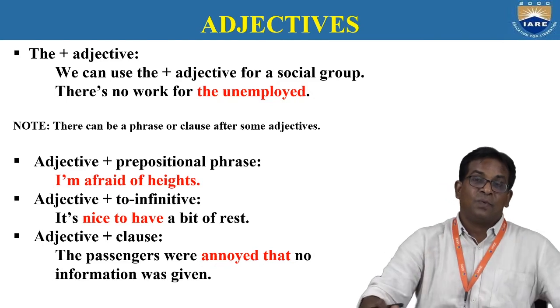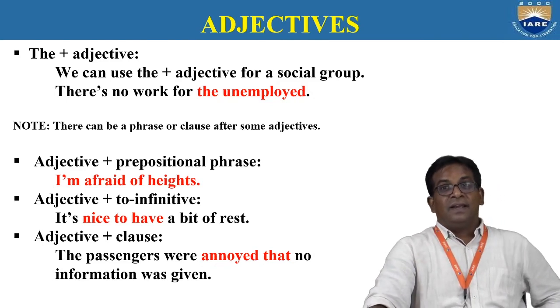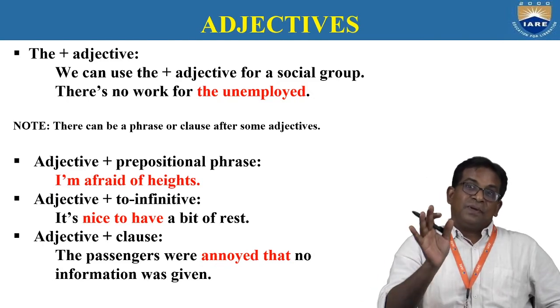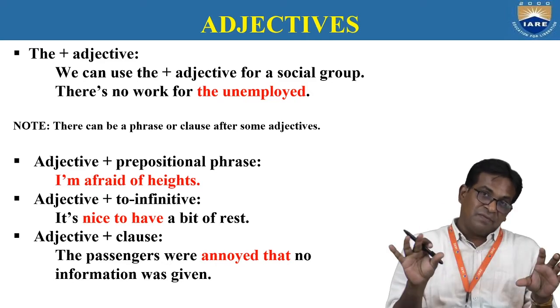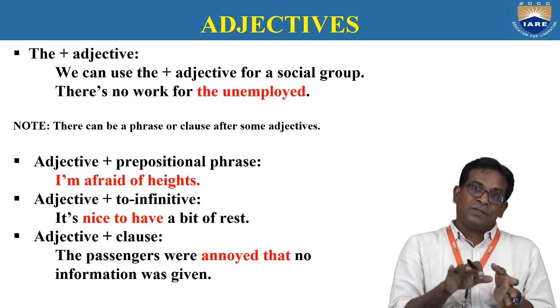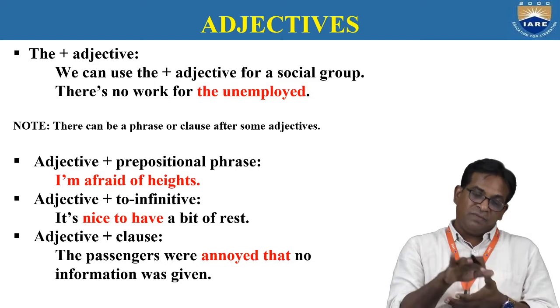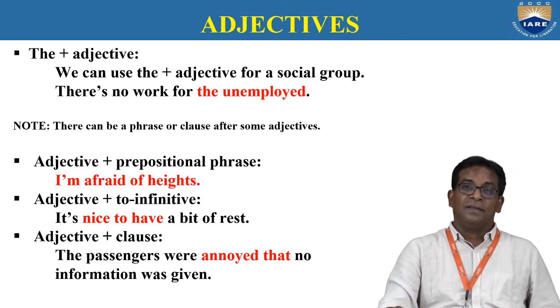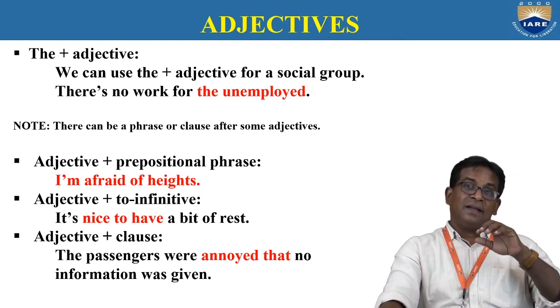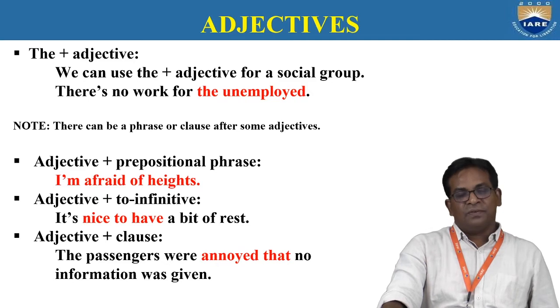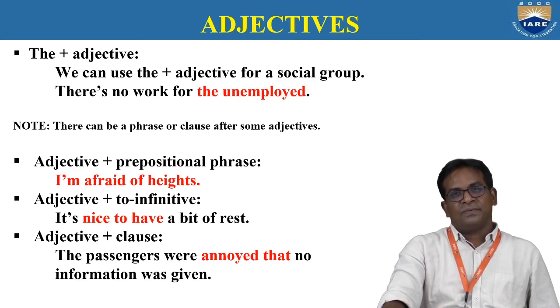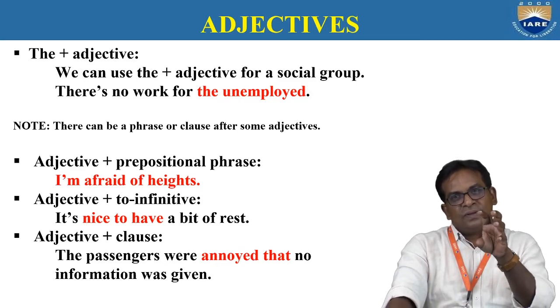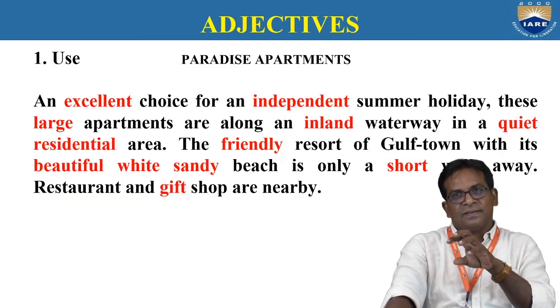So, remember here, an adjective can be placed before a prepositional phrase, before a to-infinitive, and before a clause. These are the usages of adjectives. We have to use adjectives like this.